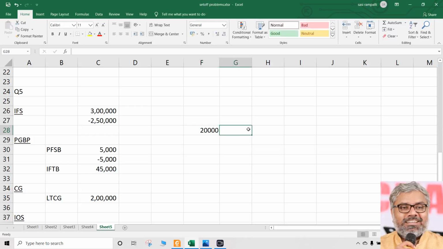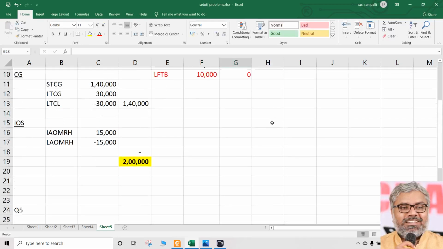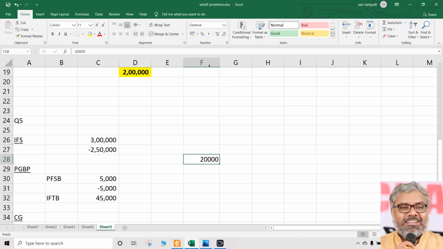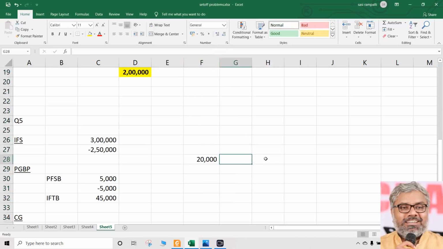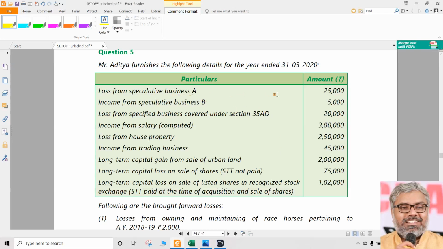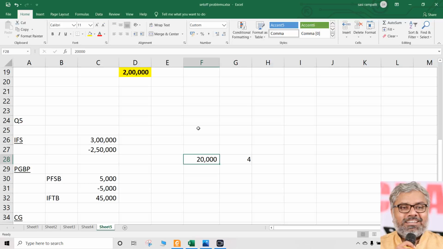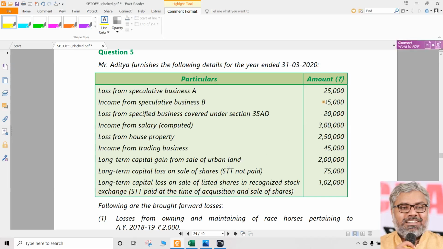That is going to be carried forward always for a period of 4 years. In this case, because it is a speculative business, it can be carried forward for 4 years, and if positive profits are there in the next years, it can be set off there. This year we can set off only 5,000 because that is the only profit that is available, no option. So this is loss carried over from speculative business.